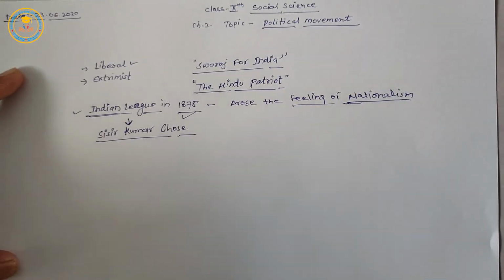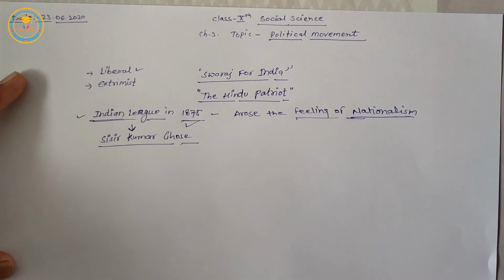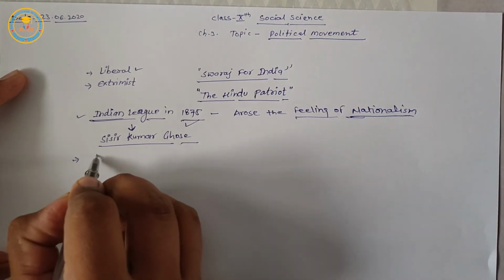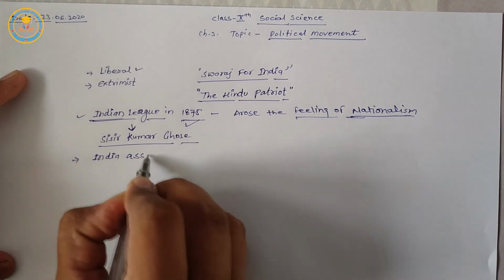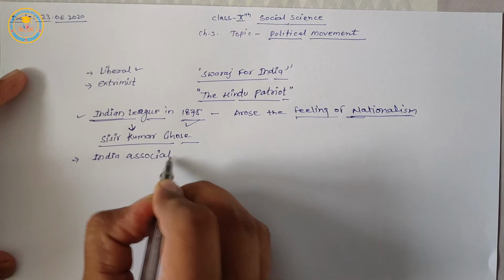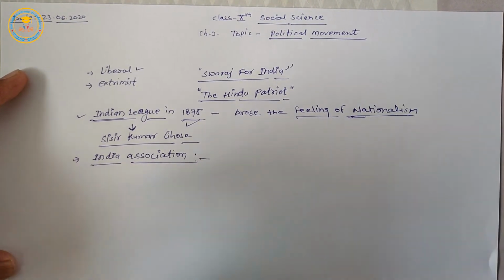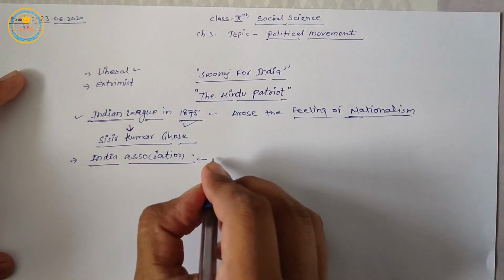Shishir Kumar Ghosh founded the Indian League in 1875 AD, and after that the Indian Association was made in 1876.